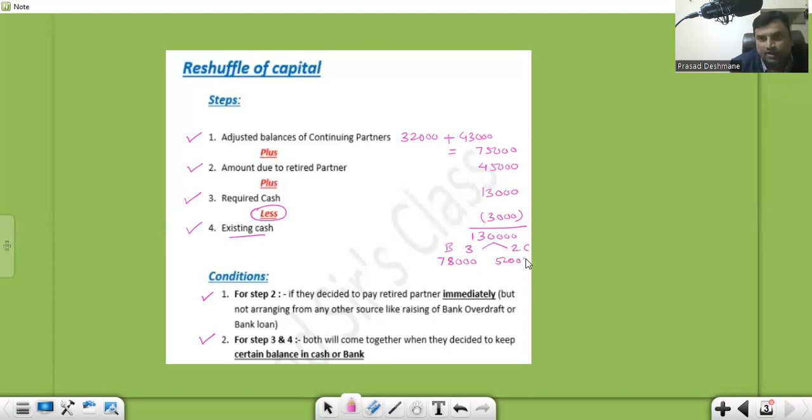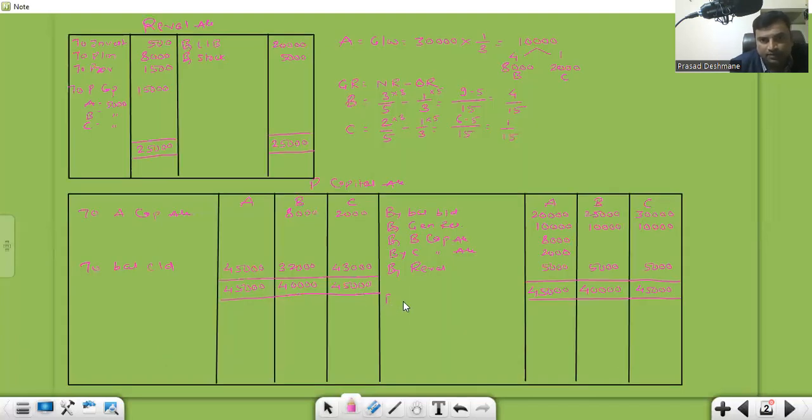So we got the new balances for B and C, 78 and 52. Right? Now we'll compare. First we brought down these balances, what we got over here by balance brought down, 45,000, 32,000 and 43,000. Then we'll compare.